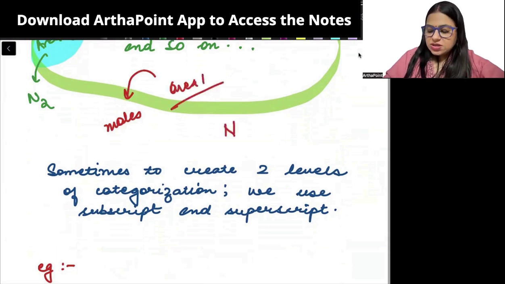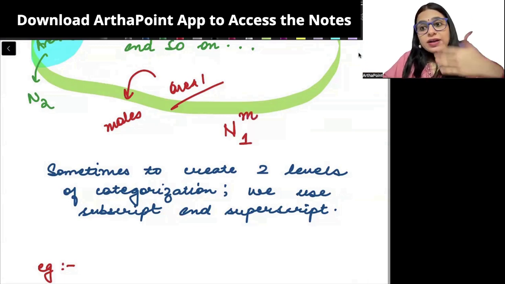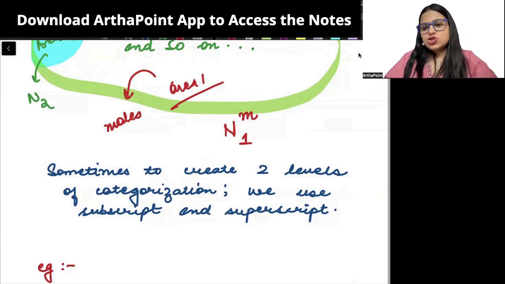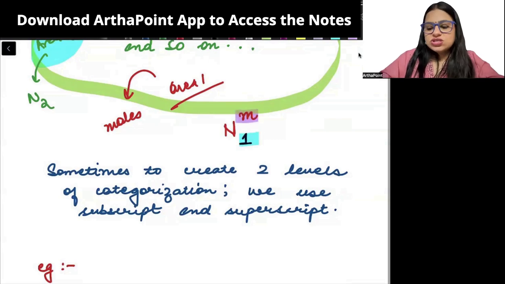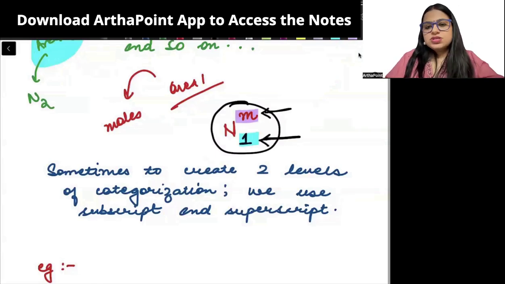So employment is represented by N, area 1 and among males. तो when I need to go to one more level of categorization, अगर मुझे एक additional level of categorization की जरूरत होगी, if I need to do 2 levels of categorization, तो I can use a subscript followed by a superscript. मैं ये दोनों ही चीजें एक साथ use कर सकती हूँ. Is this making sense? Clear?